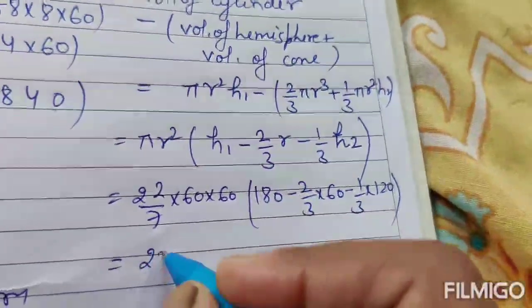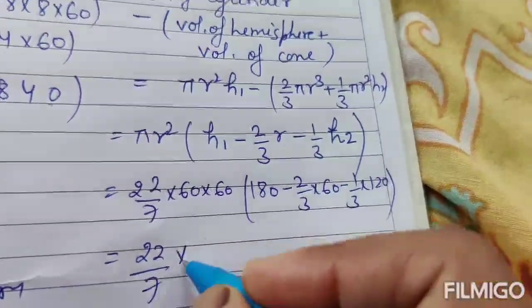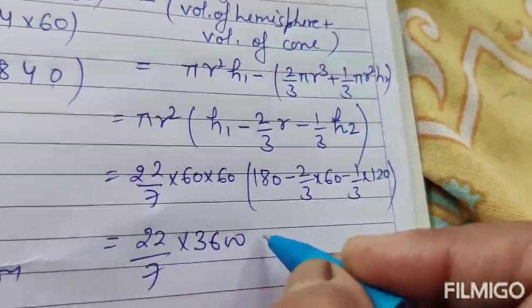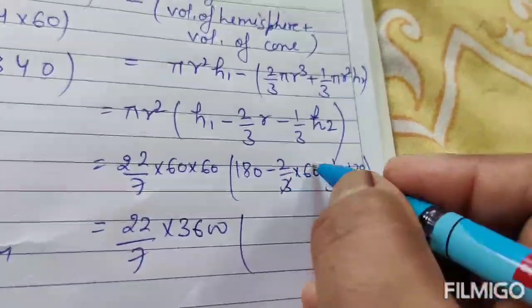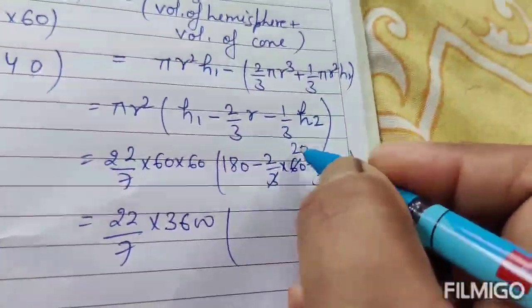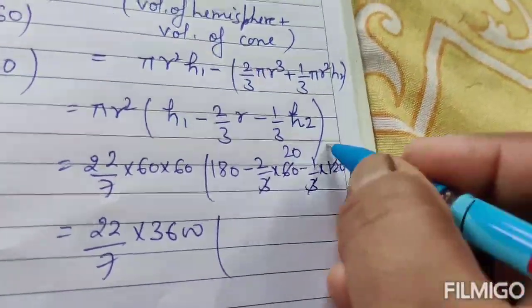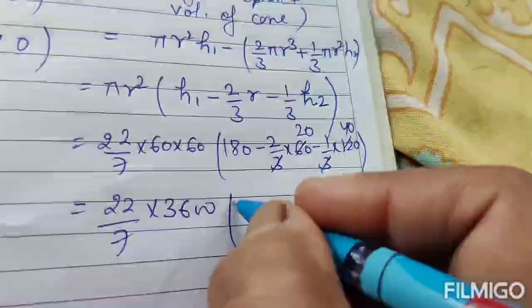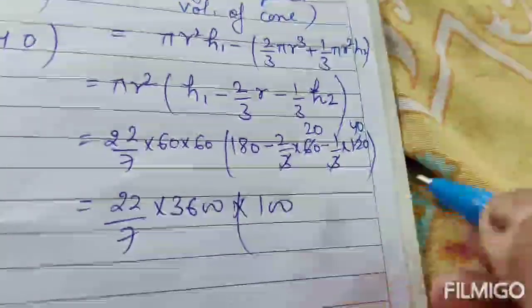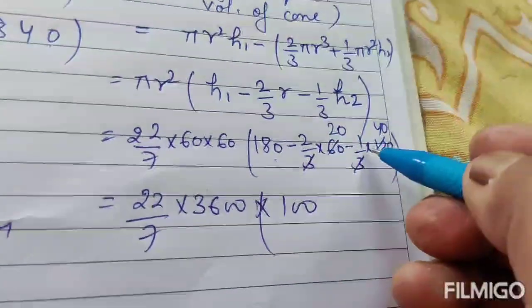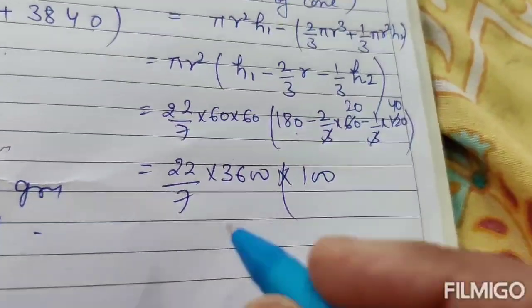Here is 22 by 7 into 3600. Now 180 minus 40, 140, and 140 minus 40, here we get only 100.